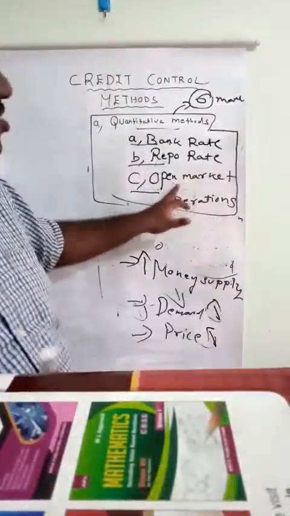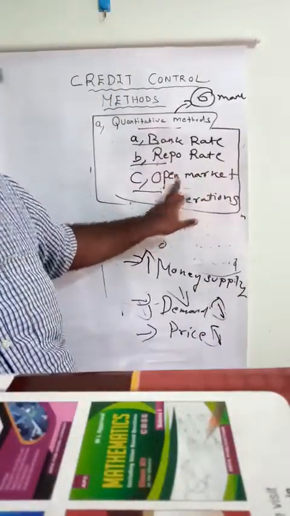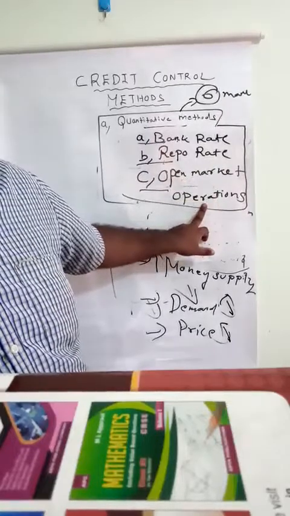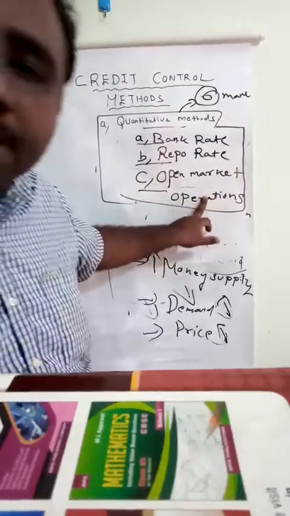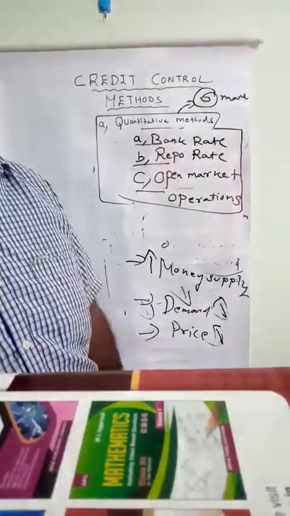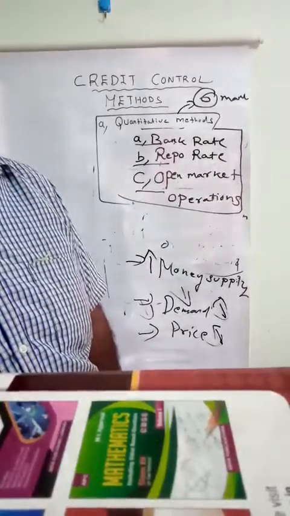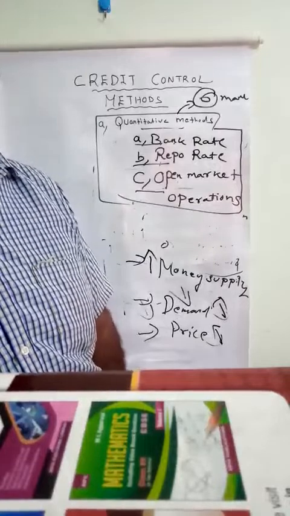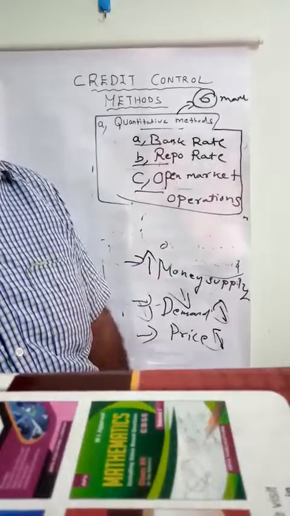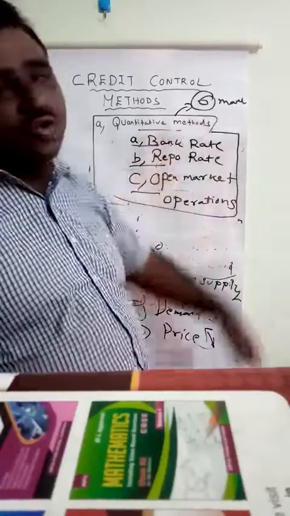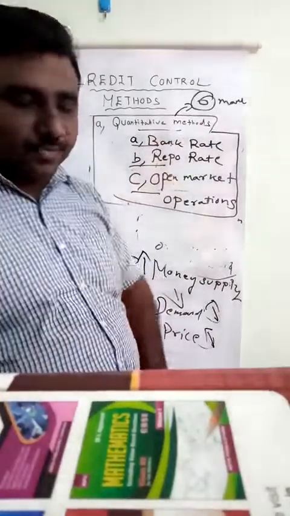Sometimes they will also ask you the definition of open market operation. Open market operation means selling and buying of securities by the central bank to or from the public or the commercial bank. So these are the quantitative methods to control credit.